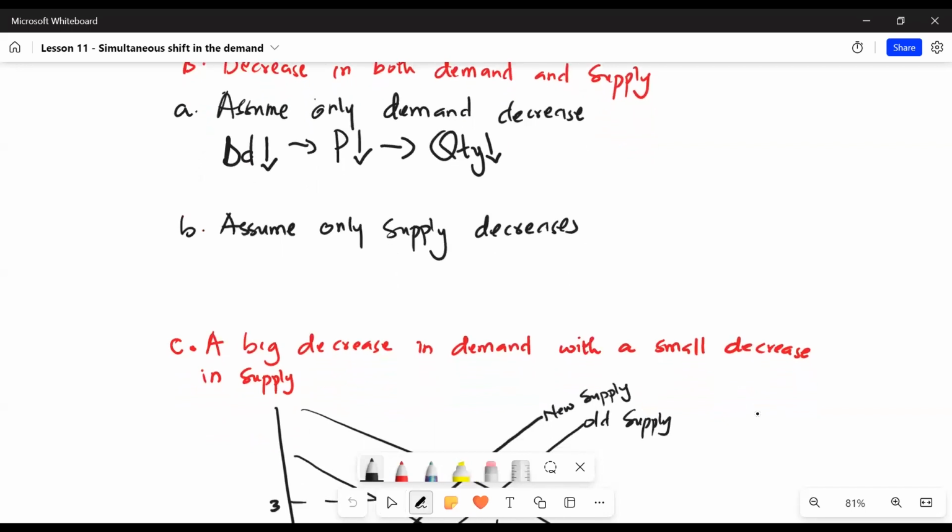Now, if we look at the flip side and assume that only supply decreases, or only the supply curve shifts to the left without a corresponding shift in the demand curve, this is going to cause an increase in price, because a decrease in supply without any decrease in demand is going to cause shortages in the market.